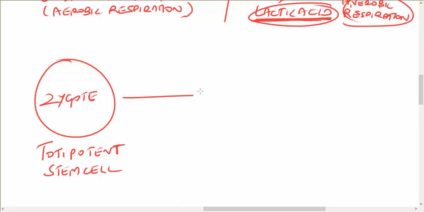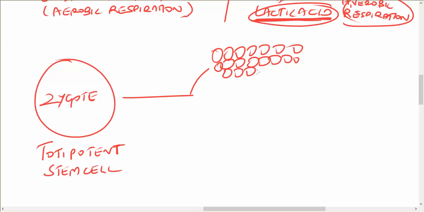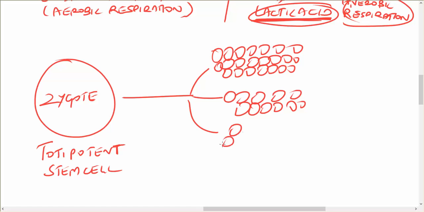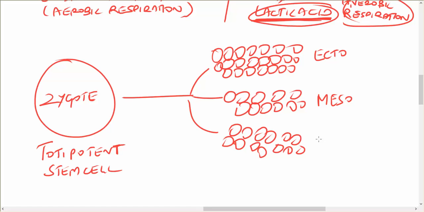First of all they divide and form a set of cells which are arranged in three groups of layers. These three layers are called ectoderm, mesoderm and endoderm.